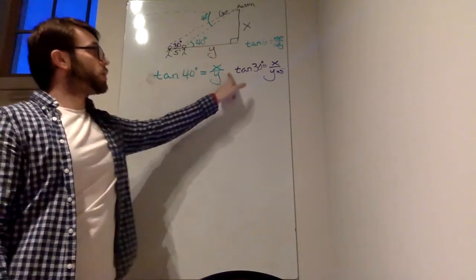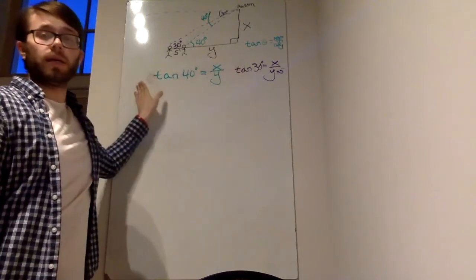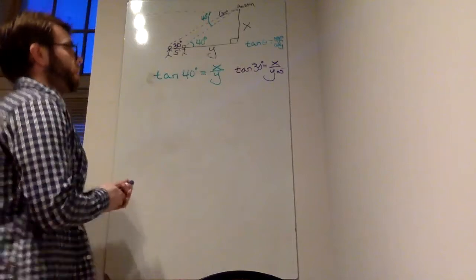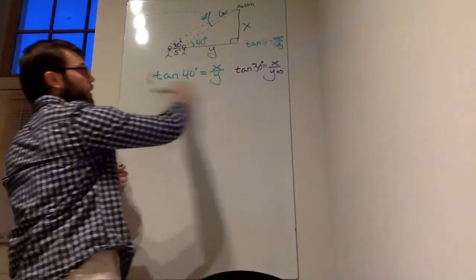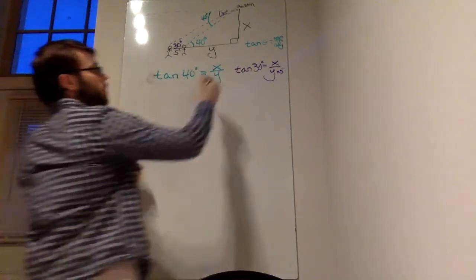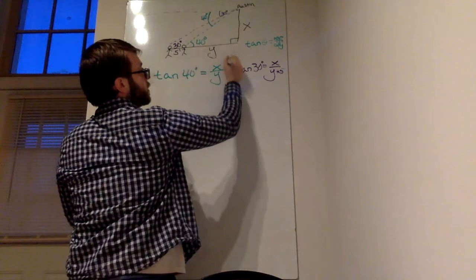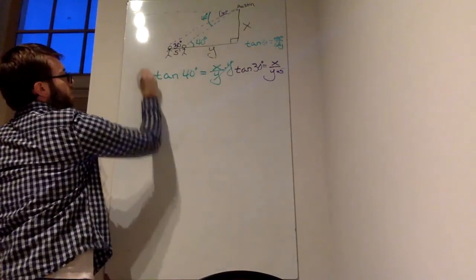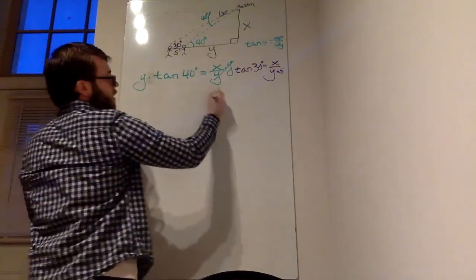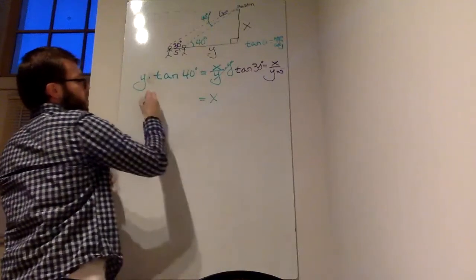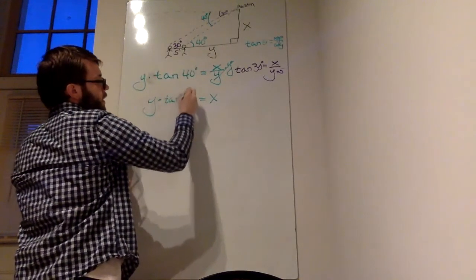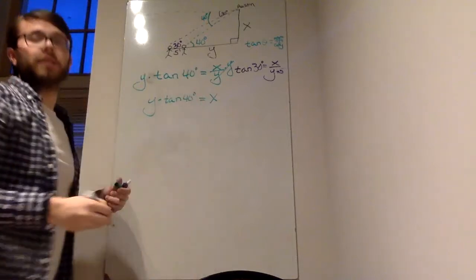So we can multiply both sides by the y. That way it cancels out on the right-hand side of the equation and we leave it on the left-hand side. So I'm going to multiply both sides by y. And I am left with y times the tangent of 40 degrees equals x.